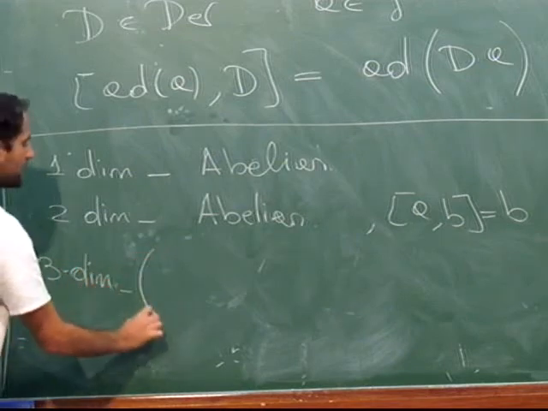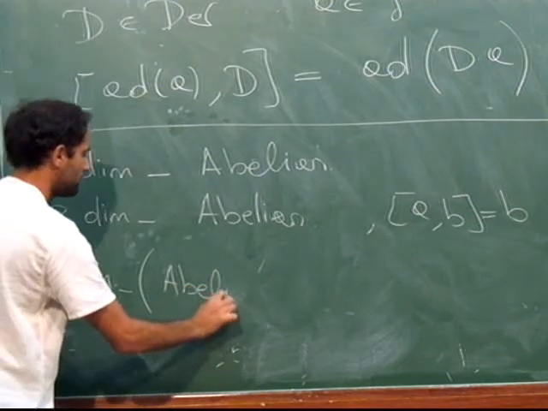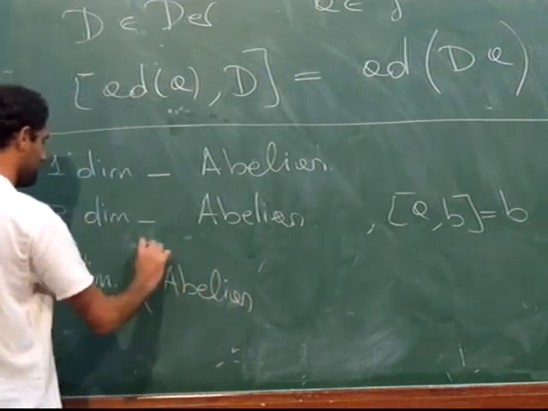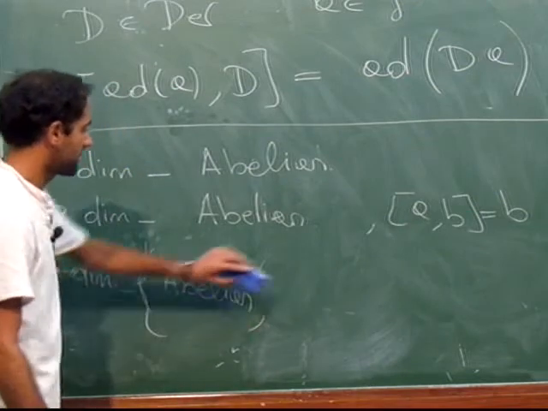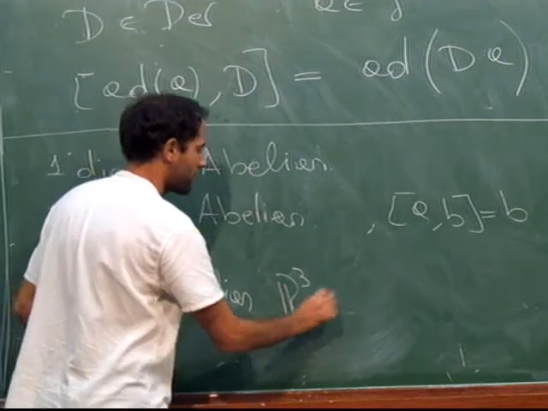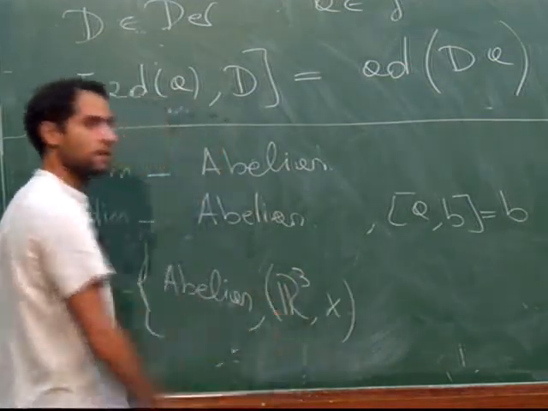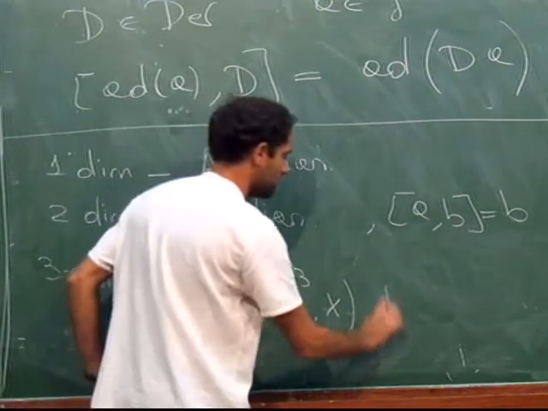Well, here we have a few examples. Of course, we have the abelian. We also have the example we gave at the beginning of R3 with the cross product as the bracket. And there's a very interesting example called the Heisenberg algebra.